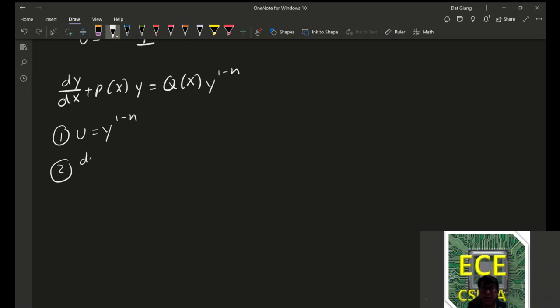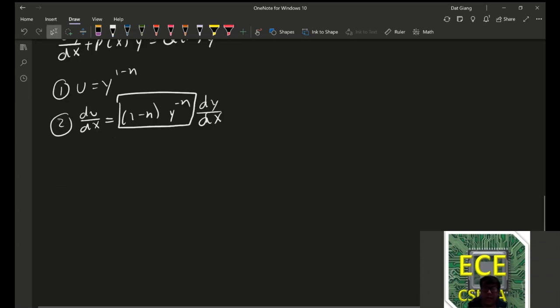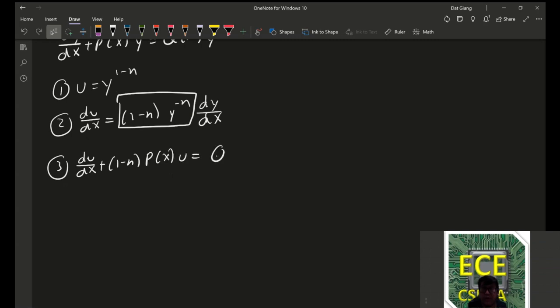Step 2: du/dx is equal to 1 minus n, y to the negative n, dy/dx. Multiply this to both sides. Turn it into du/dx plus 1 minus n p of x u equal to q of x with that substitution.